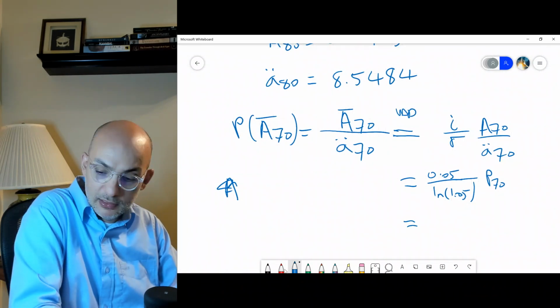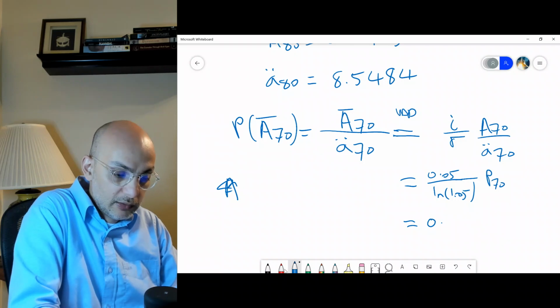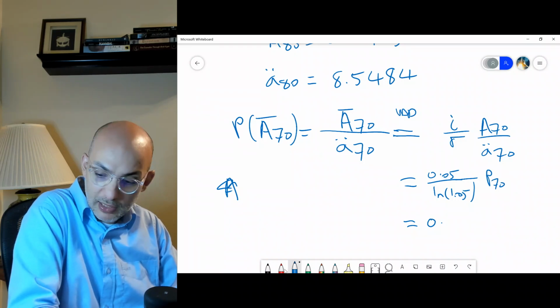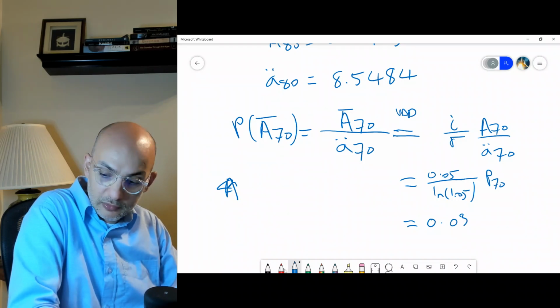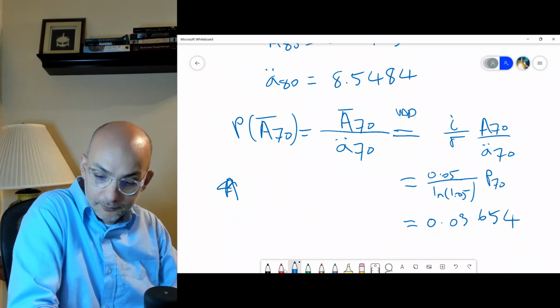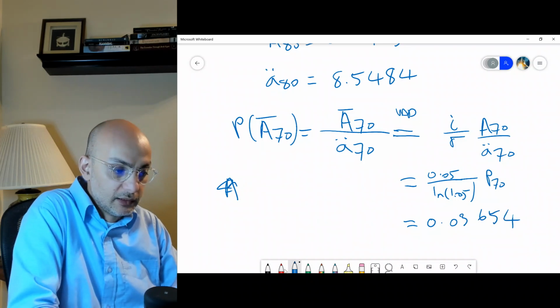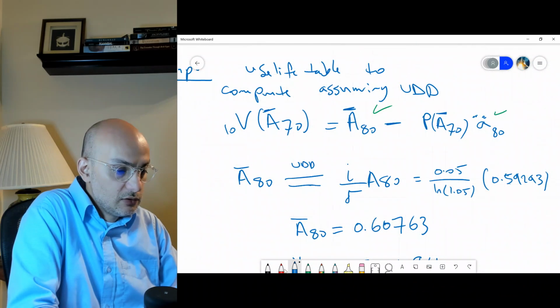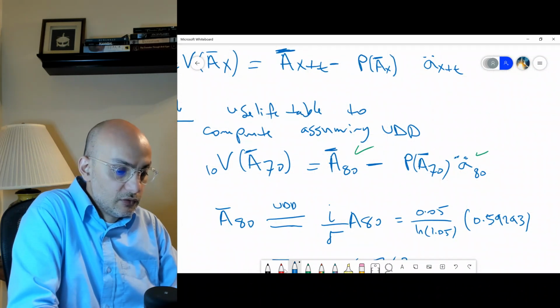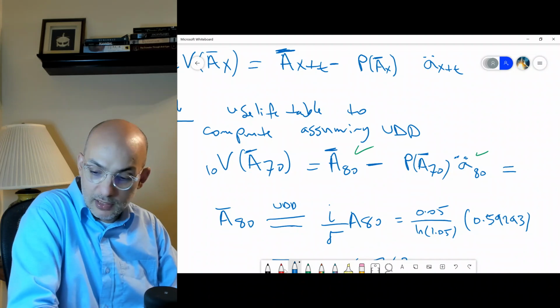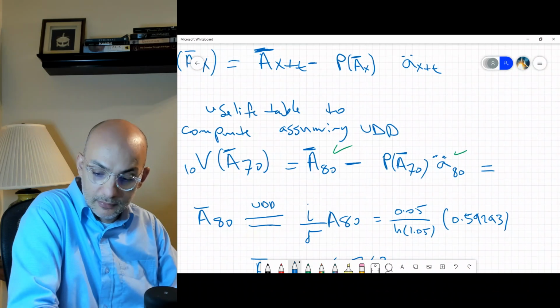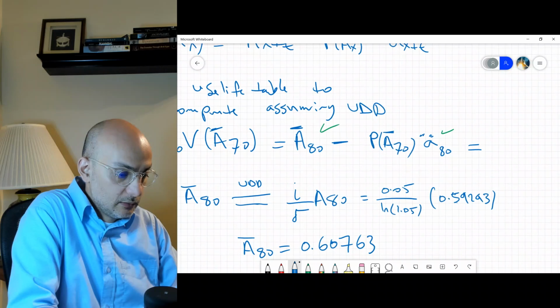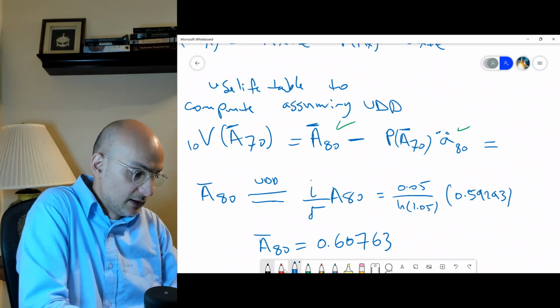So everything here, if you plug in what we calculated, you will get 0.03654. Now you got everything. Now you plug in everything you have here. Let's plug it in here in a different color.